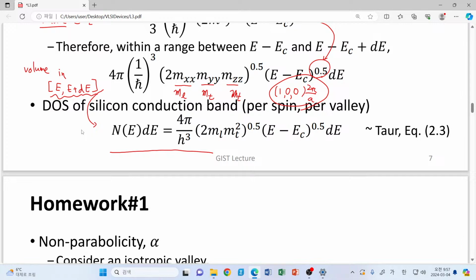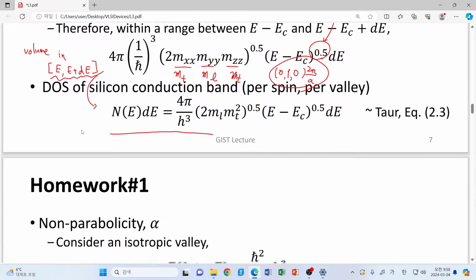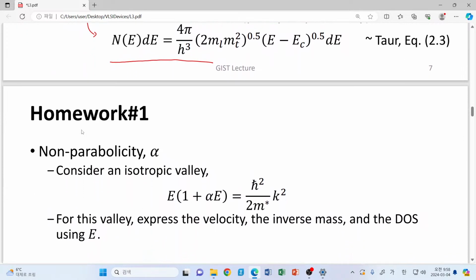For example, if you have another one where mx is transversal mass and my is longitudinal mass, then it can be found not in this point, but in a point nearby. So now you have different values.